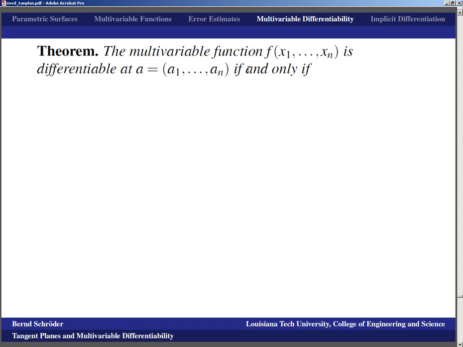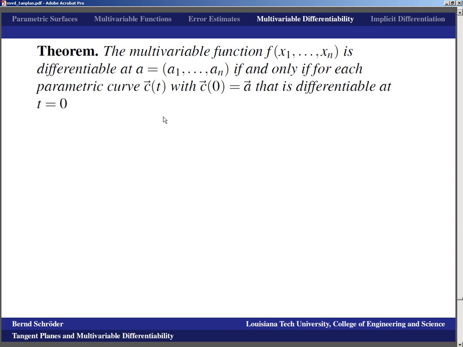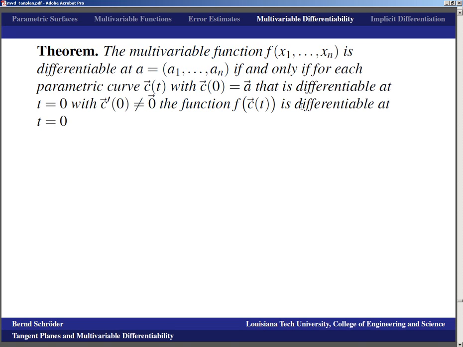Okay, so a graphical theorem that is pretty much unique to these presentations, that I derived just to explain to myself what multivariable differentiability means graphically, is that a multivariable function is differentiable at a point if and only if, for each parametric curve that goes through that point and which is differentiable at that point with non-zero derivative, the function f of c of t is differentiable at t equals 0, and the derivative of that function is what it should be, given by the chain rule, which is the gradient of f at that point times c prime of 0.